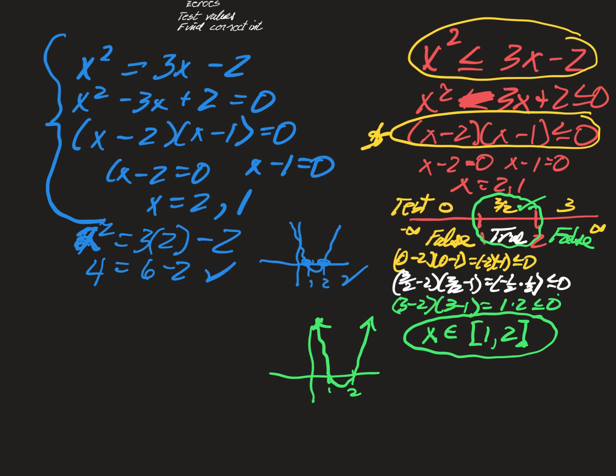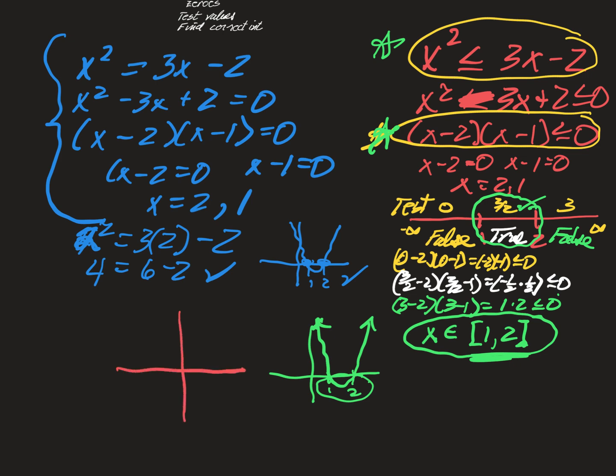The one that I graphed is this one. Where is the graph negative? Between 1 and 2. That's where it's negative or equal to 0. So that's why that's the interval. So this checks. Another way you could do it is you could have graphed the first one. If you had graphed the first one, your graph would have looked like this.